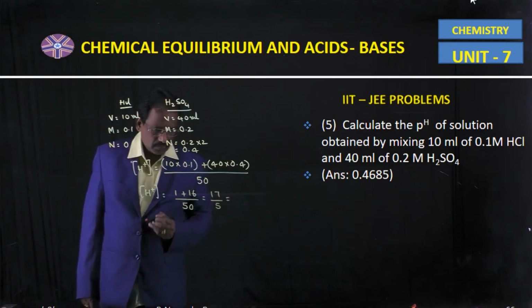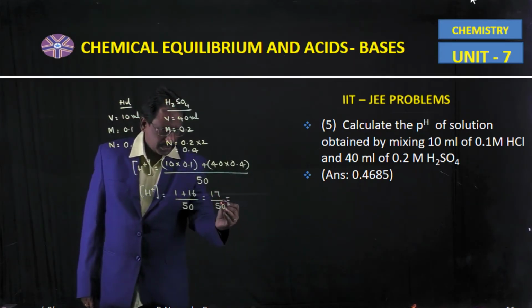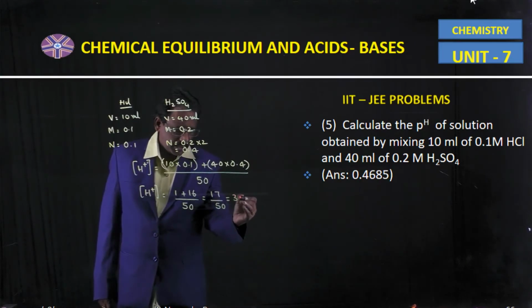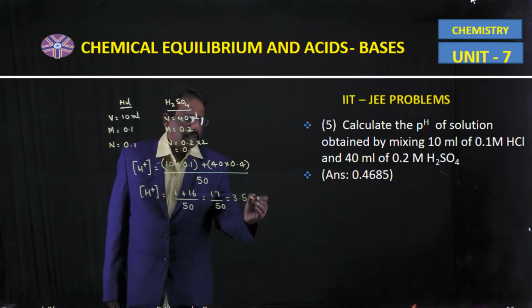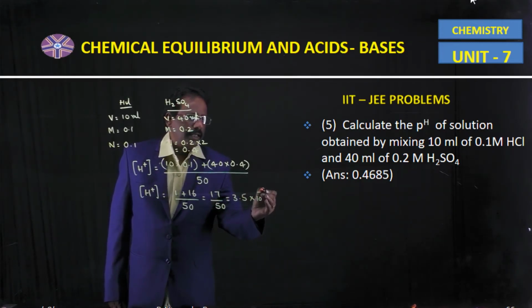This is equal to 3.5 into 10 power minus 1.